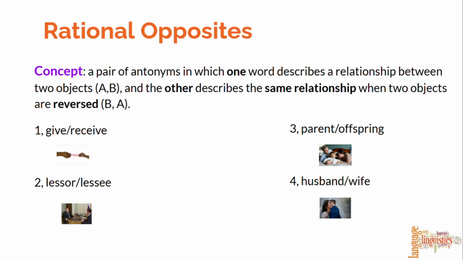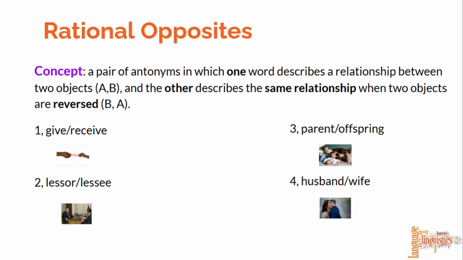The first pair, give and receive. If I say, I give the pen to you, you can also say you receive the pen from me. So those two sentences are meaning the same, even though those two words are reversed. So it is a pair of relational opposites.